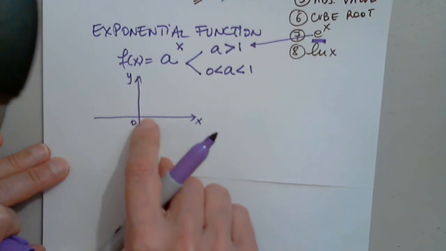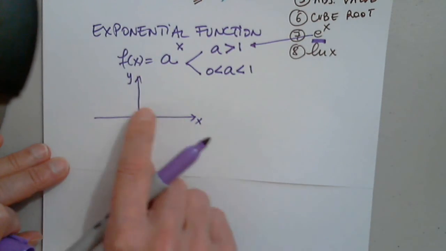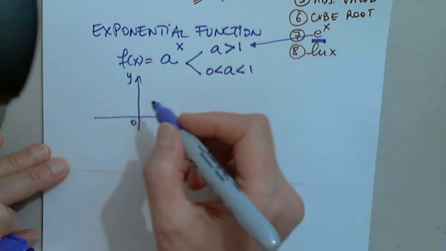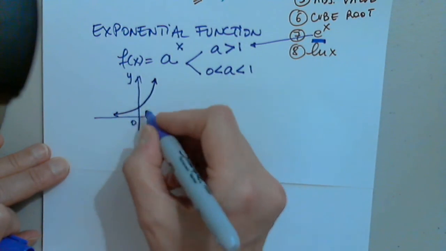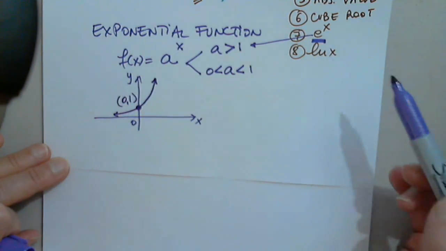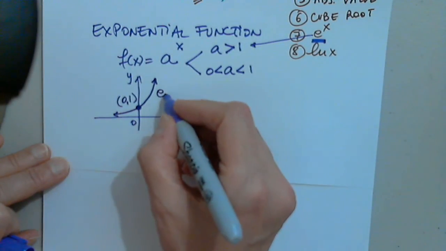Please label the coordinates. The origin, x is the x-axis and y is the y-axis. Again, I'm only graphing e to the x, which looks like this. And it must cross at (0, 1). Why? Because when x is 0, e to 0 is 1. So this is the graph of e to the x.